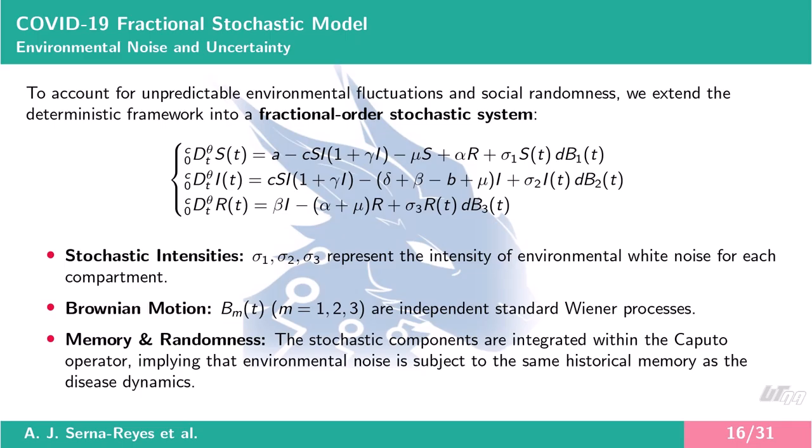The parameters sigma1, sigma2, and sigma3 measure the intensity of the environmental noise in each compartment. In this way, the model simultaneously captures memory effects through the Caputo operator and environmental randomness through the stochastic term.